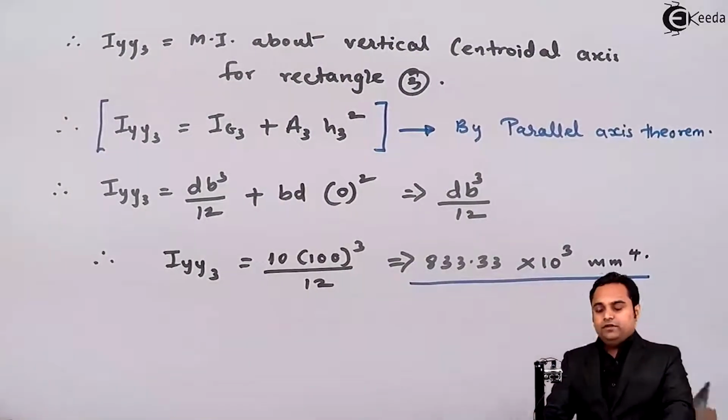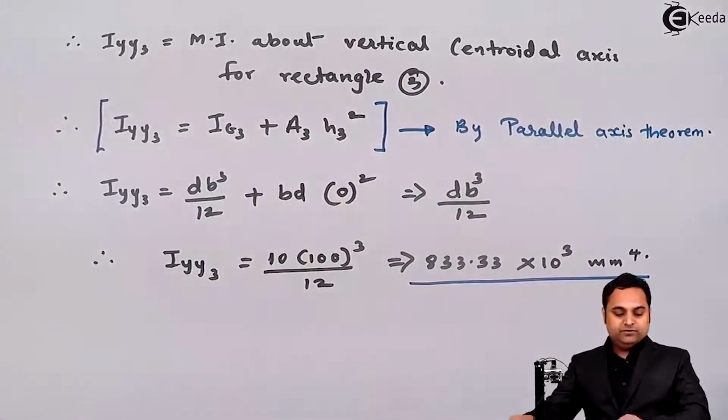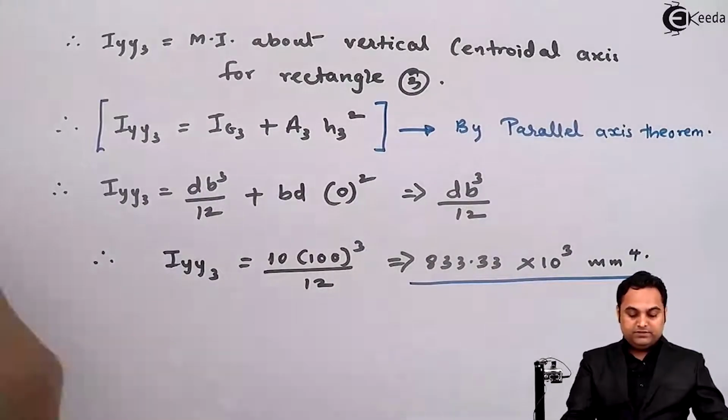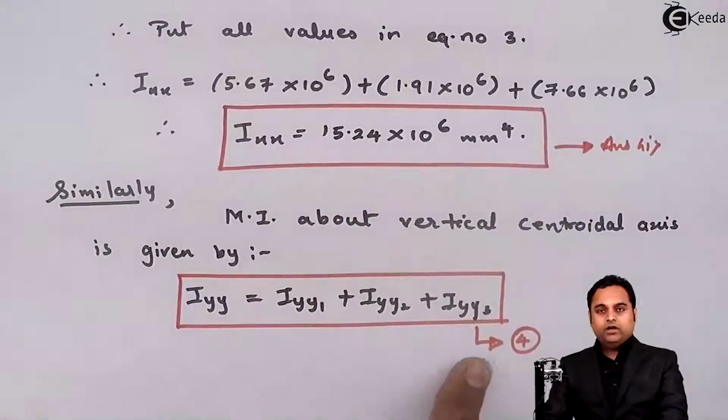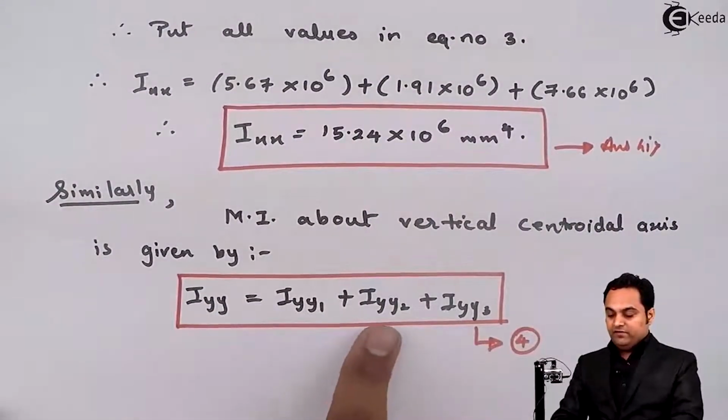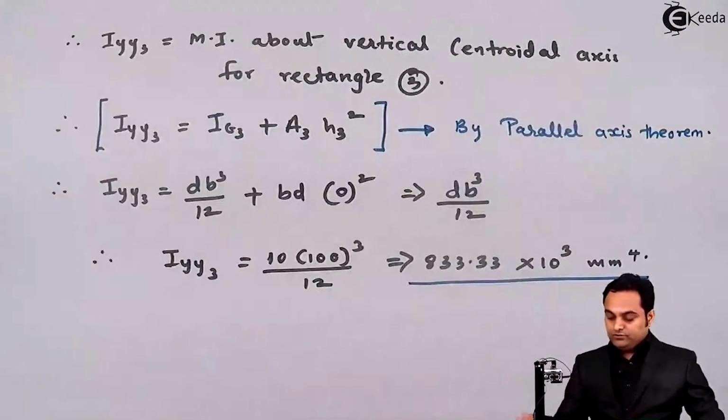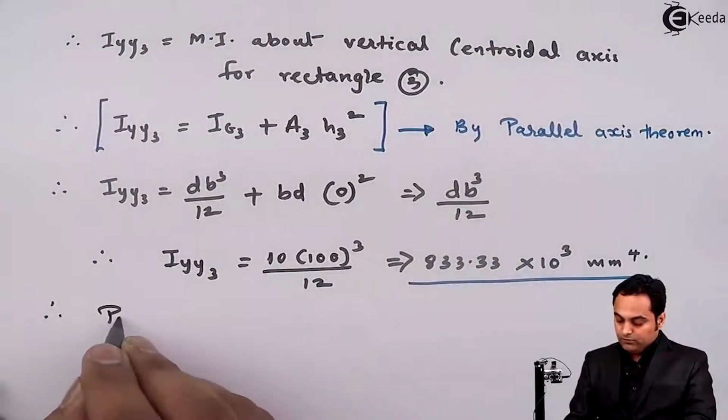After getting all these values, we can put them in equation number 4 to get Iyy. That is, here we have equation number 4, in which we will put Iyy1, Iyy2 and Iyy3.